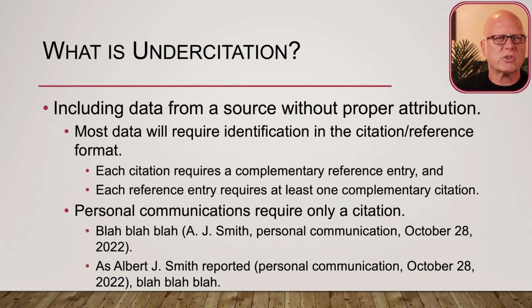So, in other words, most data that you include in your academic papers will require a citation of some sort, usually in the citation reference format, where each citation requires a complementary entry on the references list, and each entry on the references list requires at least one complementary citation within the paper.